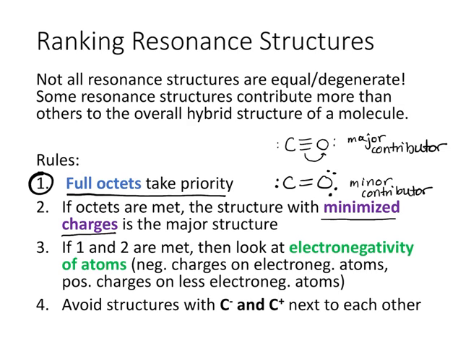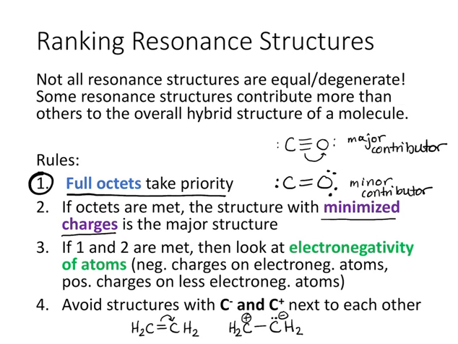So as an example, let's say we have this molecule with a double bond between the carbons. Now we could move that pi bond over, or the pi electrons over, and that would give us this structure where one of the carbons has a lone pair of electrons and is negatively charged, and the other carbon has a positive charge.